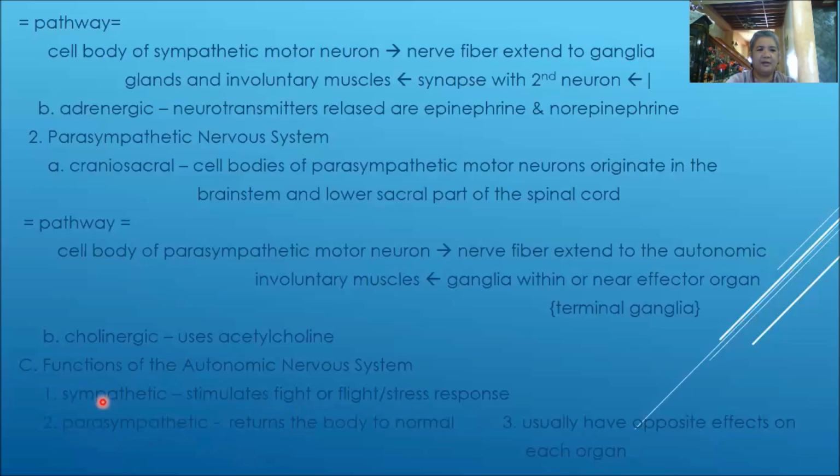While if you are threatened by fear or by a hold-up, you will have to think, will I fight or will I run? Now, another function is they usually have opposite effects on each organ.